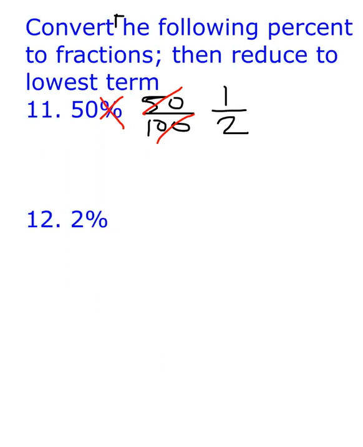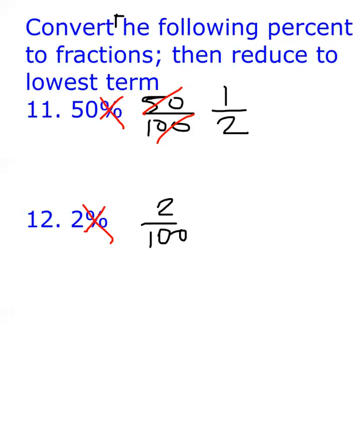Okay. So the same thing with number 12. Let's do it again. So again, we're going to get rid of the percent, and we're going to set up our fraction. So 2, our number over, and that percent just basically means over 100. That number over 100 would convert our percent to fractions.